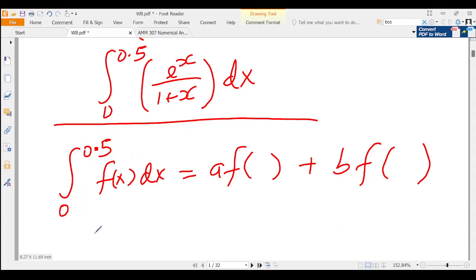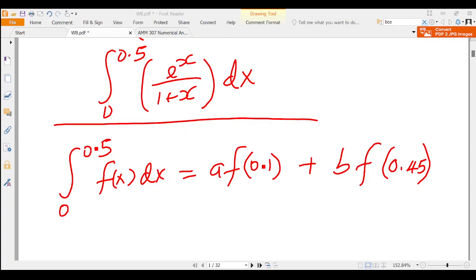I'll pick a value like 0.1 here and 0.45, provided that the nodes are between 0 and 0.5. So we only need now to find the values of a and b.